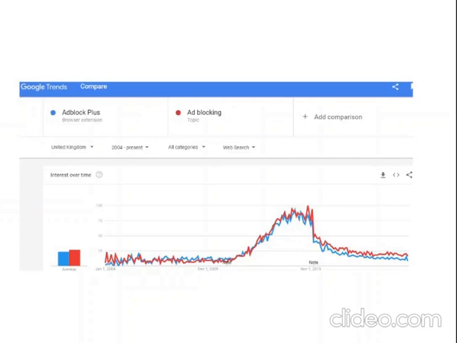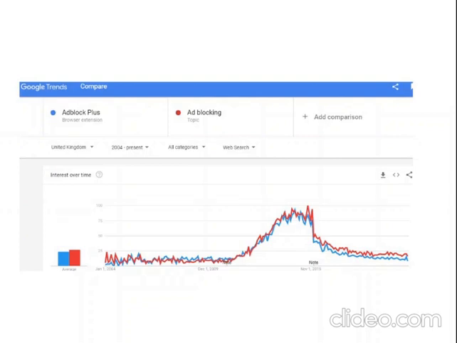So in terms of the trends from the UK, we've got some data here on AdBlock Plus, the browser extension, and around the general topic, which both seem to correlate in terms of relative search interest since 2004. So according to this data, around 2011, there's been a rise in the relative search interest for the browser extension and around the topic.